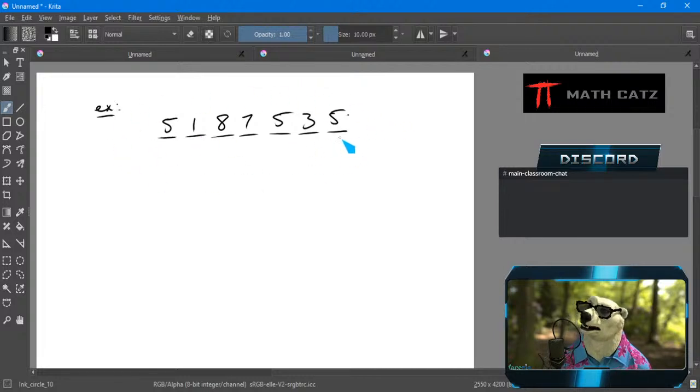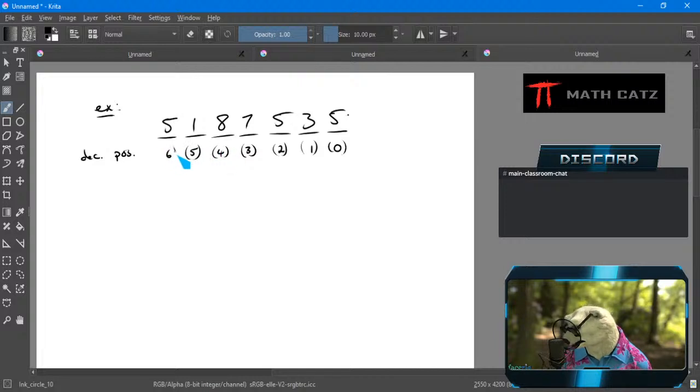I'm going to number these positions. So this is going to be my decimal position. And I'm going to number them right to left, 0, 1. I'm going to put them in brackets so we don't mix up what's the original number and what is the position.